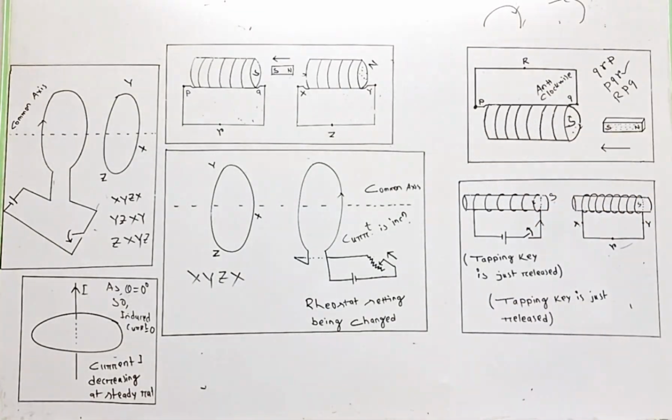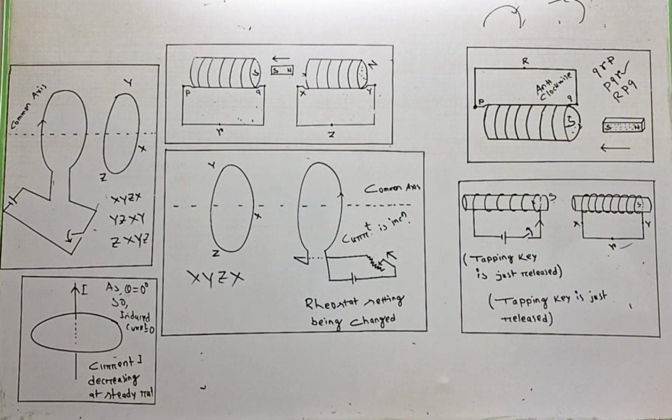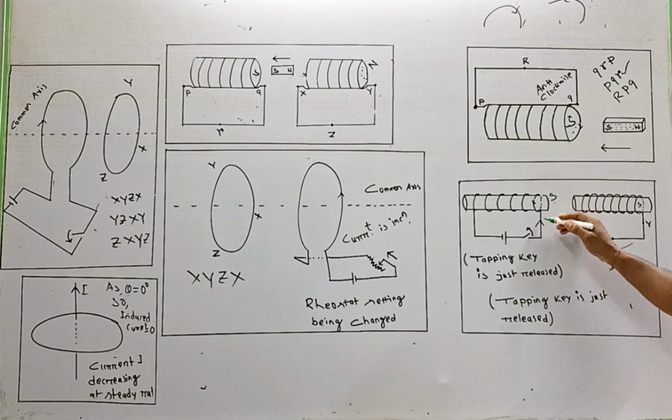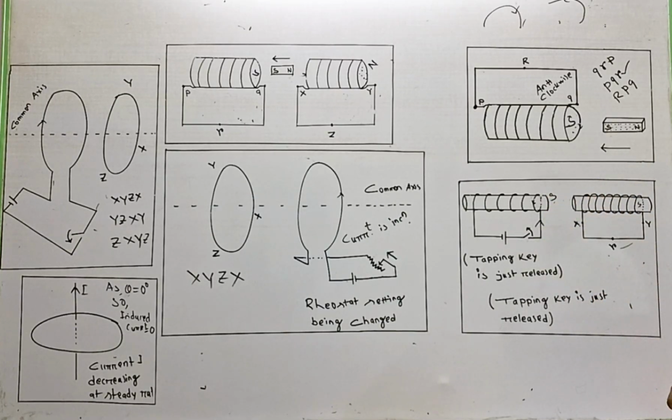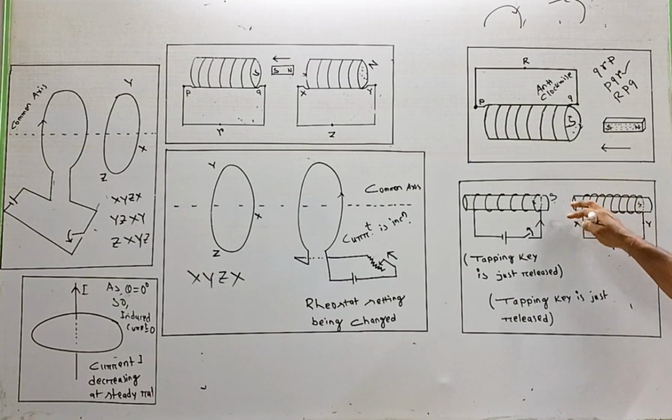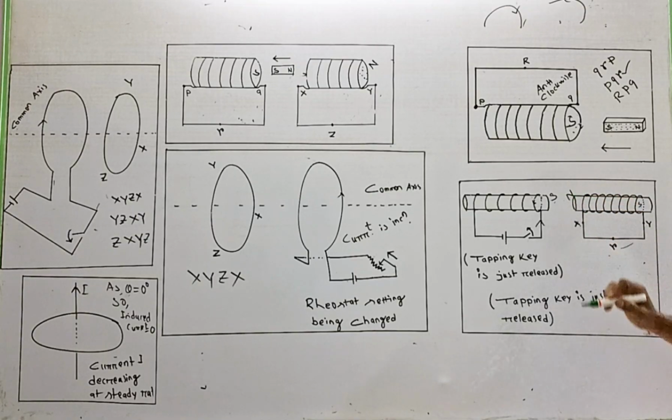As it is south pole, and the current has just been released, that means the current is decreasing, so the flux in this coil is decreasing. Therefore, the coil will try to increase it, so it will be a north pole.